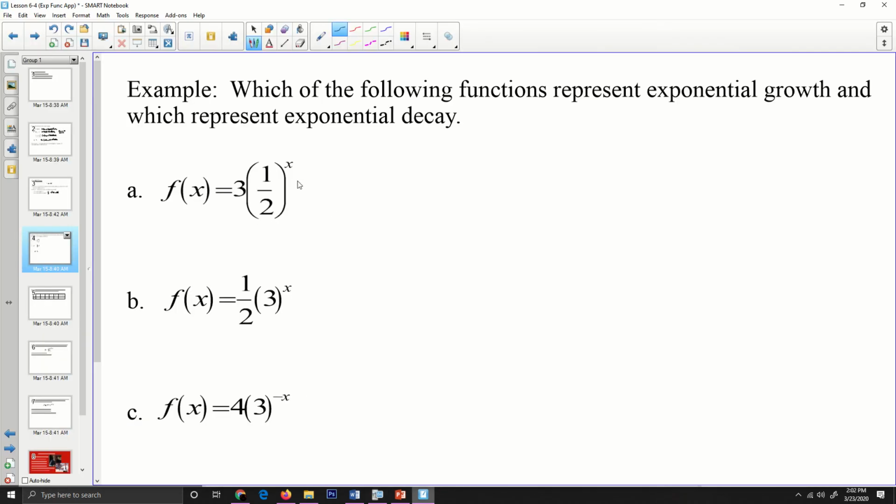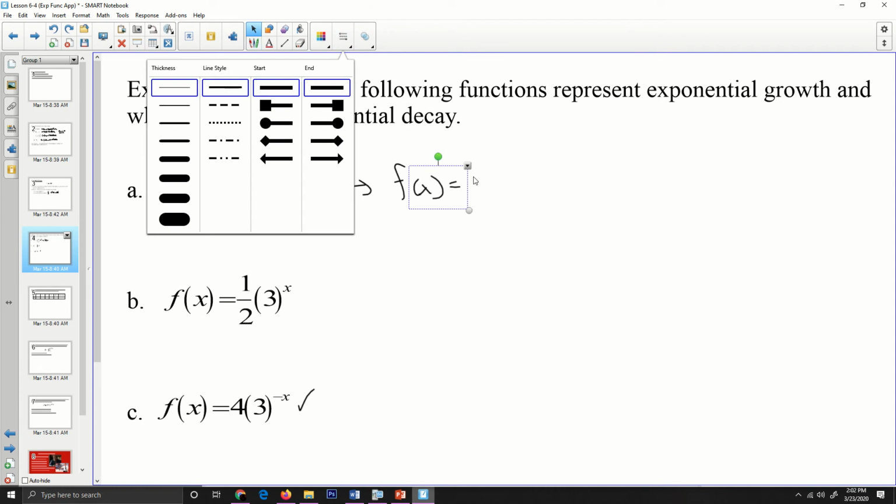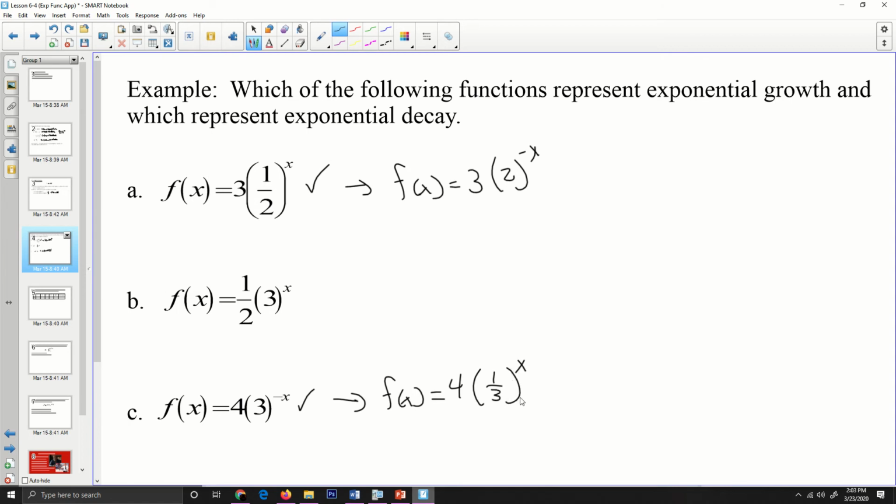And so these two are going to represent exponential decay, but I could also rewrite f of x as 3 times 2 to the negative x, and I could rewrite this one as f of x equals 4 times 1 over 3 to the positive x.